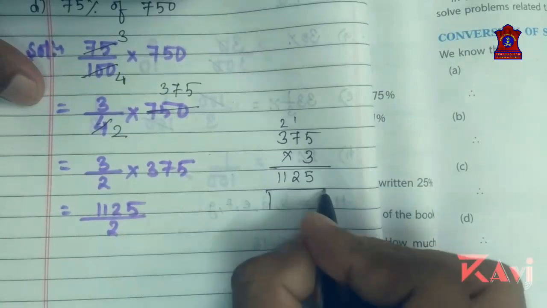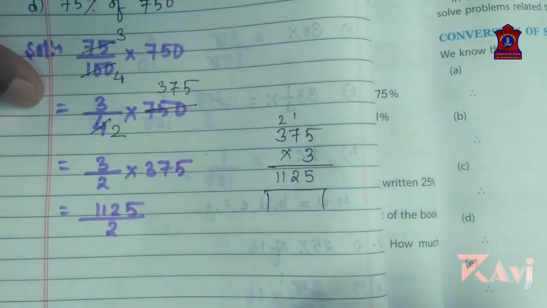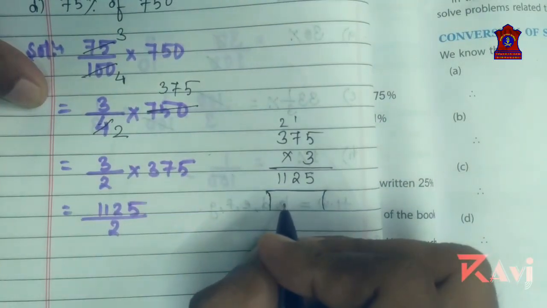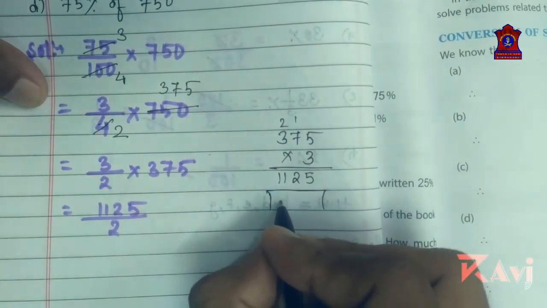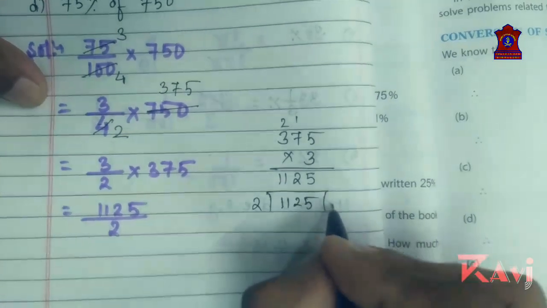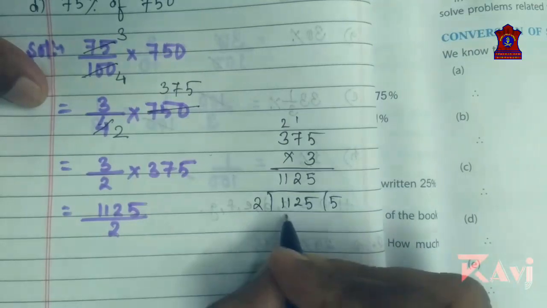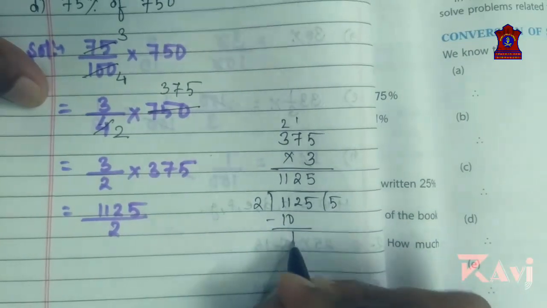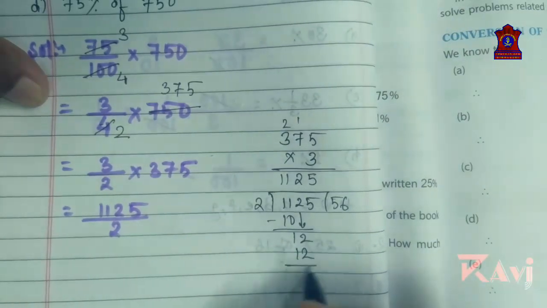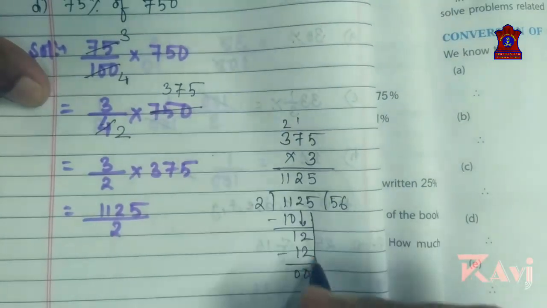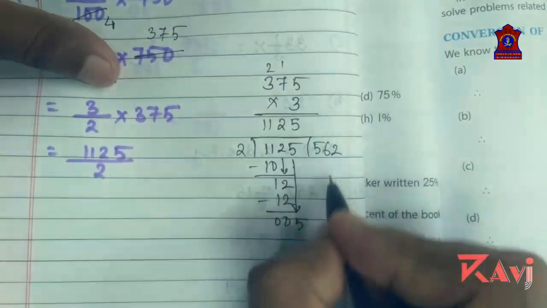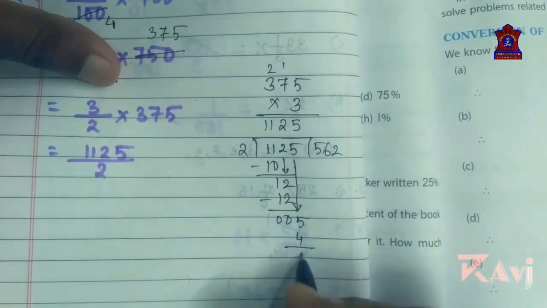Now we can change this by dividing, or we can change it to a mixed fraction. Okay, 1125 divided by 2: 2 fives are 10, 2 sixes are 12, 5, 2 twos are 4, what is left? 1.